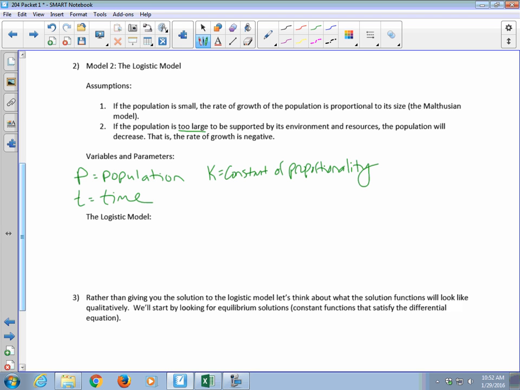Okay, and then in assumption 2, we've introduced this concept of too large, right? So we're going to introduce a new parameter. Doesn't change over time. This is a constant thing. A new parameter that represents what too large is, like the carrying capacity, the critical size of the population. Typically, that's called N.